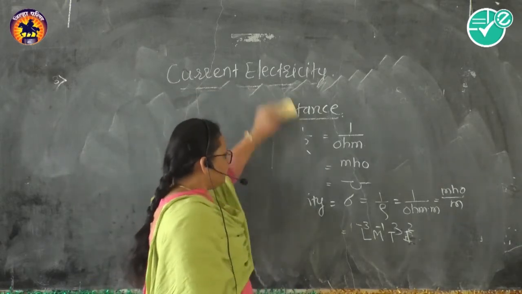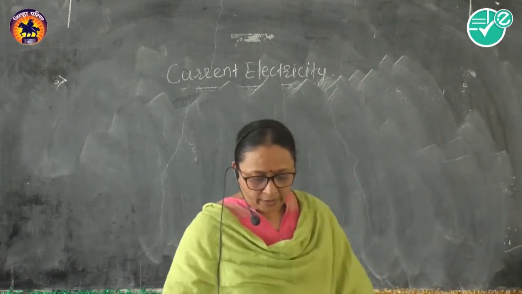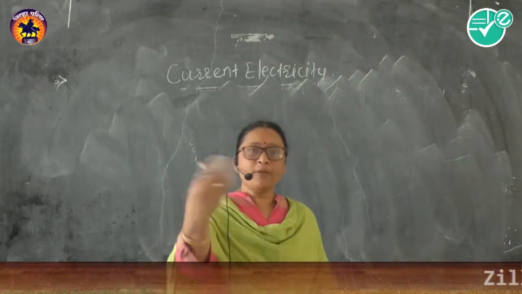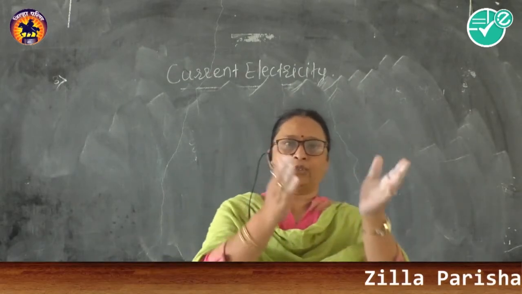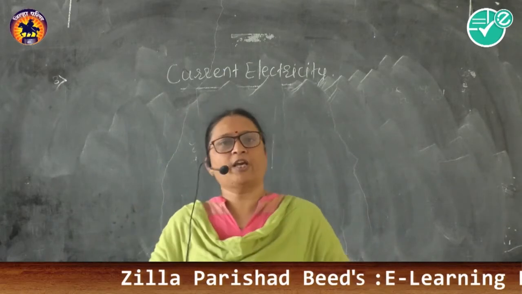Now, as we know, resistance can be measured if you know the length of the conductor, the area of cross section of the conductor and its specific resistance.